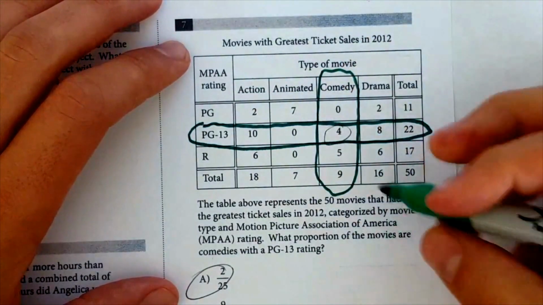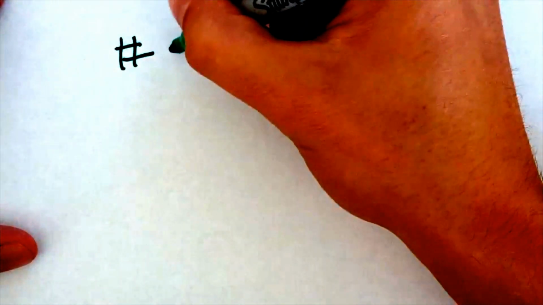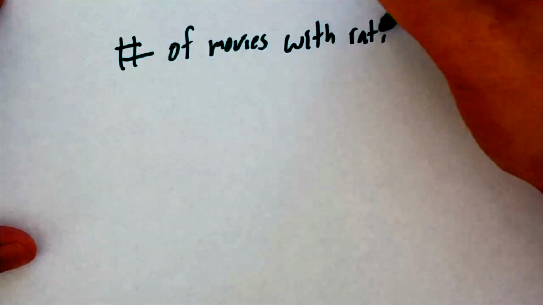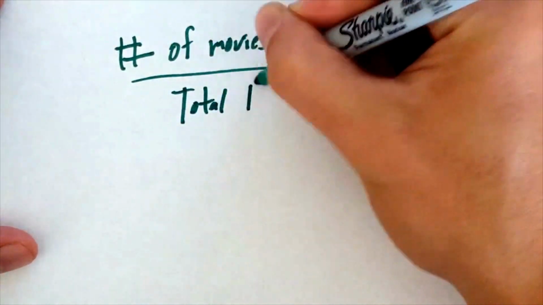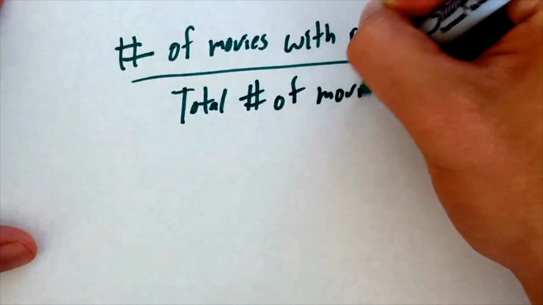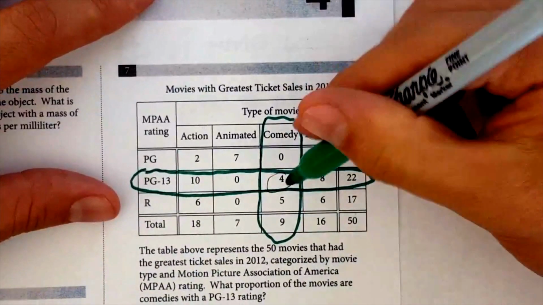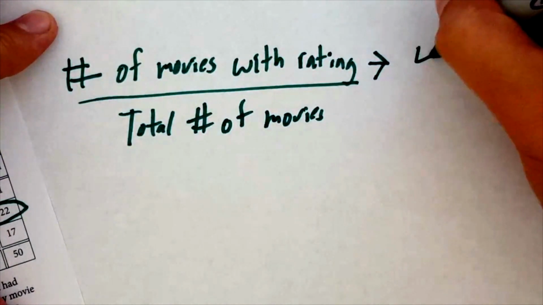All right, so the proportion of movies is going to be, let's go back over here, number of movies with a certain rating divided by the total number of movies. Now we said that this, if you look back here, is going to be 4.